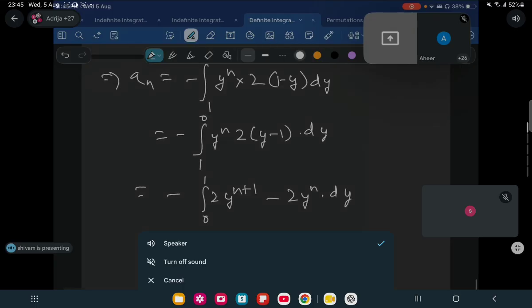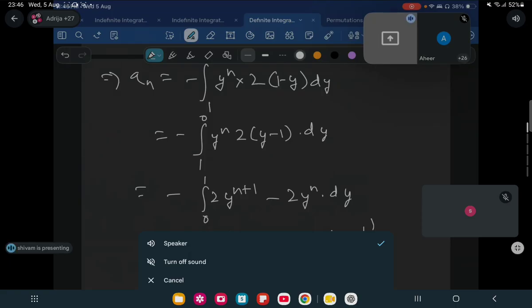Basically, this will become 2y to the power n plus 2 by 2 divided by n plus 2, minus 2y to the power n plus 1 divided by n plus 1. We need to substitute from 0 to 1.